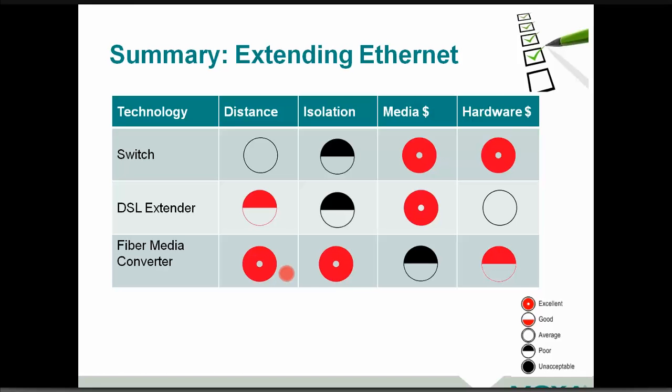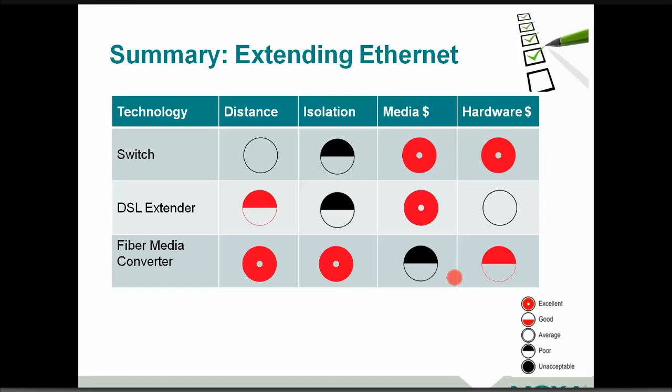We've got the ability to go extremely long distance, so we talked about 40+ miles. There are some non-standard implementations that are vendor specific or maybe not ratified yet that can go in excess of 70 miles. We have excellent isolation by being able to utilize that capability to turn the electrical signals into light pulses.